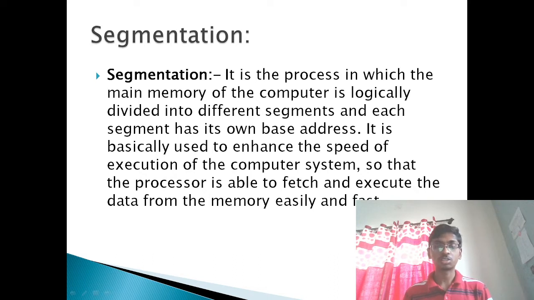Segmentation is a process in which the main memory of the computer is logically divided into different segments, and each segment has its own base address. It is basically used to enhance the speed of execution of the computer system, so that the processor is able to fetch and execute data from the memory easily and fast. So this is our definition of segmentation.